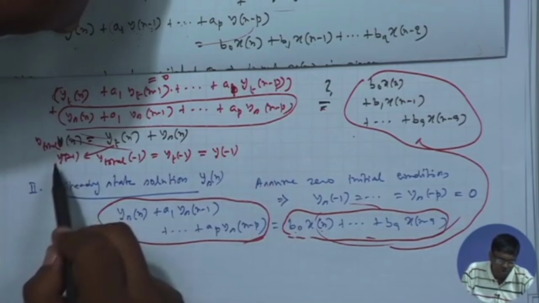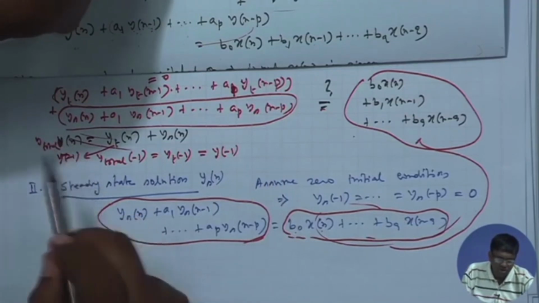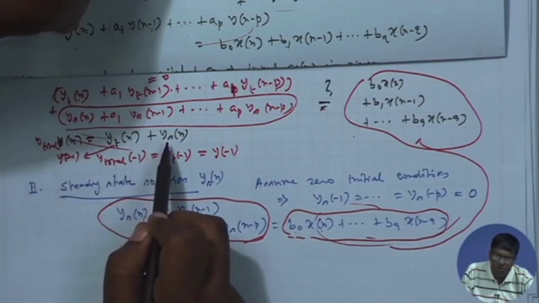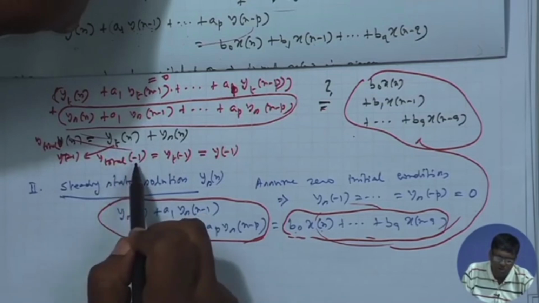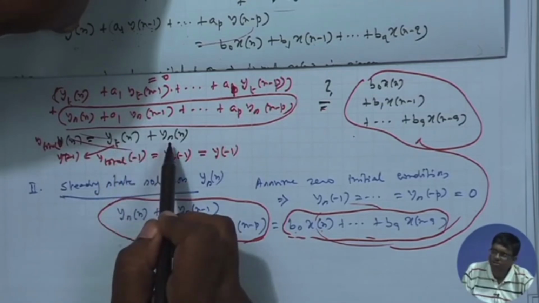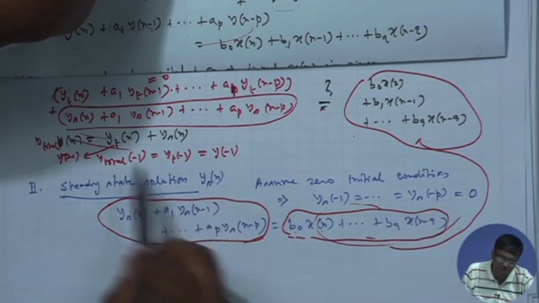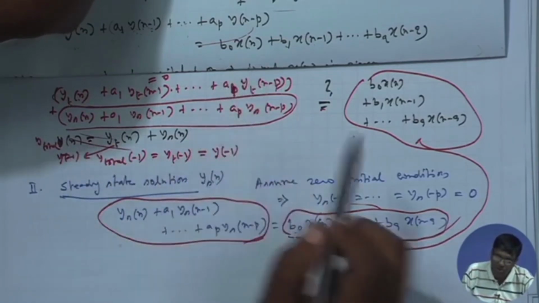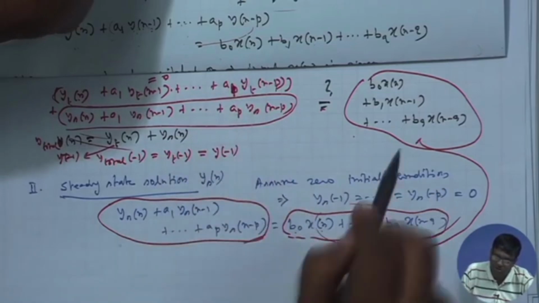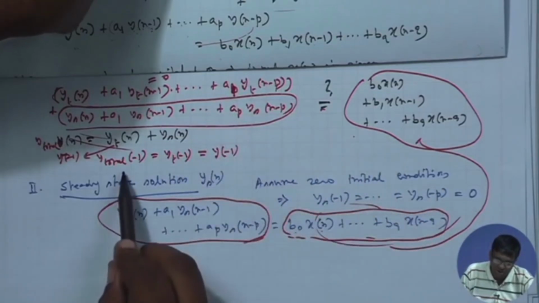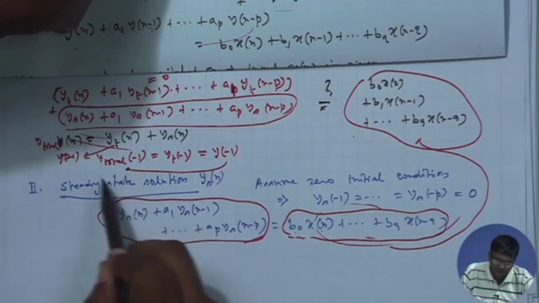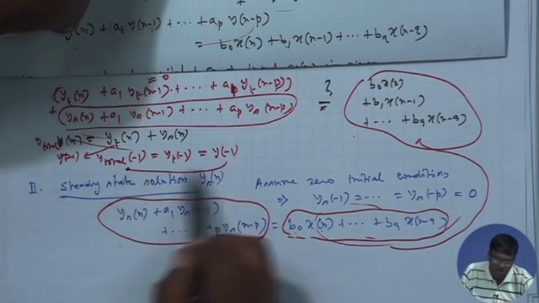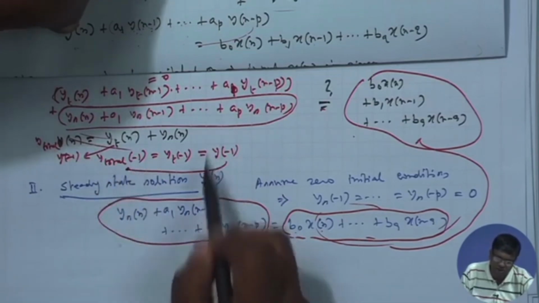If I call that solution y total n, a summation of y t n plus y s n, then y total minus 1 is y t minus 1 plus y s minus 1, but y s minus 1 is taken to be 0. So y total minus 1 is y t minus 1, which was obtained by equating it to the given initial condition y minus 1. So this is satisfied. Same for y total minus 2 is y minus 2, y total minus 3 is y minus 3, and so on.